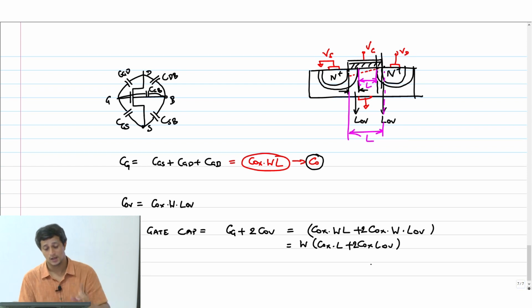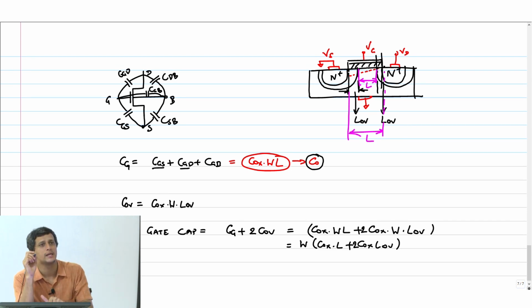No. That's what I'm saying. Be very careful here. These two are not because of overlap. This is actually a combination of whether the transistor is in saturation mode or linear mode or cutoff mode. If the transistor is in cutoff mode, then this CGB is C naught.